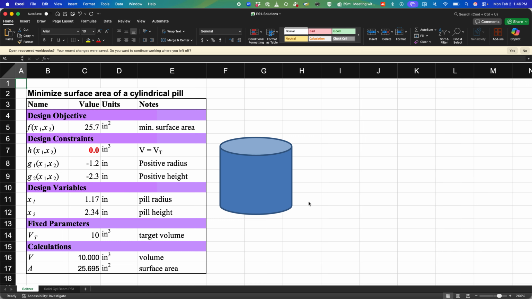So you might imagine my objective function is surface area, which is going to be 2 pi r squared plus height times the circumference, which is, why am I blanking?